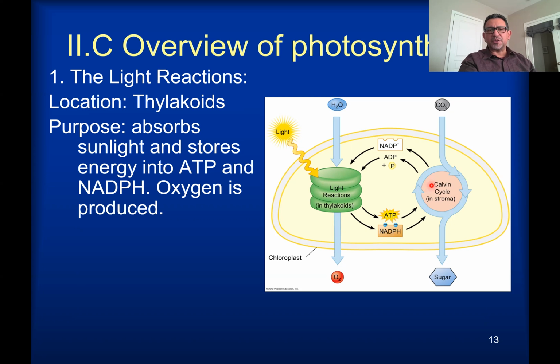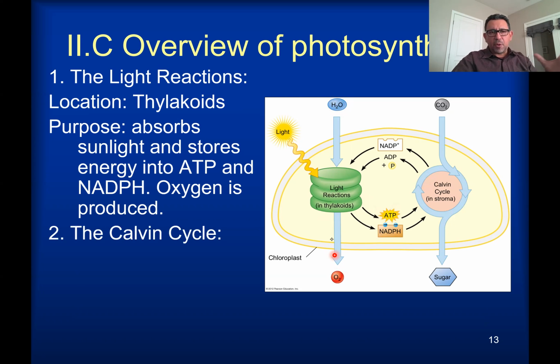So notice that there are two main contributions of the light reactions to the overall process of photosynthesis. The light reactions contribute ATP energy, and they contribute high energy electrons transported by NADPH. And remember also that in the light reactions, water was oxidized. It gave off electrons and hydrogen ions, and it became oxygen.